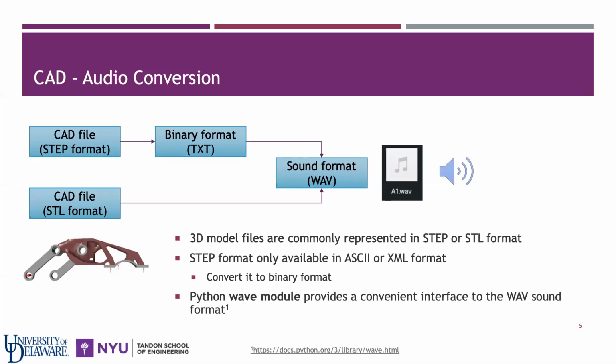But STEP format does not support binary representation and only has an ASCII representation. Therefore, if we have CAD files in STEP format, we need to convert them to text format first and then convert to binary representation. Once we have the binary format text file, we can use the Python wave module to generate the sound in wave format.